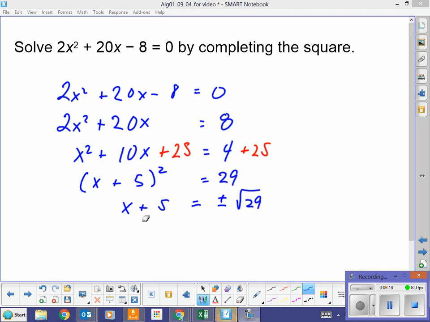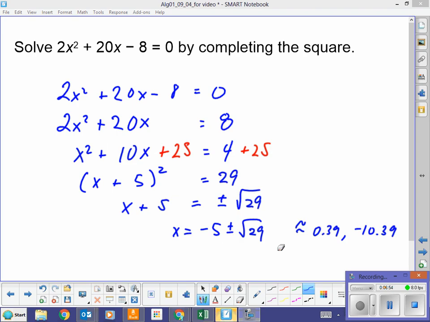And if I subtract 5 from both sides now, x will equal -5 ± √29. And that's it. And if you use the calculator to approximate these, you're going to get approximately 0.39 and -10.39.